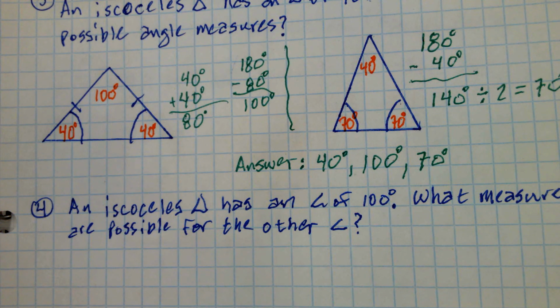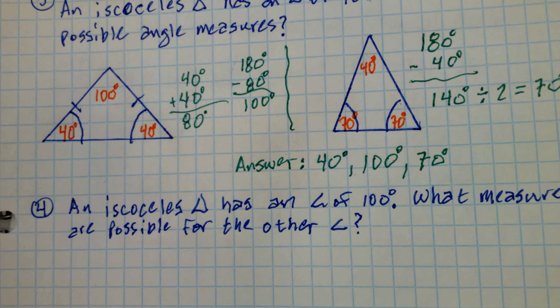So is there only one angle with it, or is it two of them? Yeah, well, that brings up a good question. Can we have two angles of 100 in a triangle? What's 100 plus 100? 200. Can we have a triangle with measurements adding to more than 200? No. They can't even be more than 180, right?